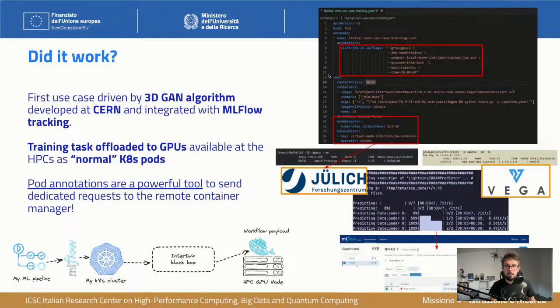So you maybe cannot see here, but you can see in the documentation of Interlink that to access a virtual node you have to specify node selector and toleration, just like you would in a normal Kubernetes node, and then you can have different pod annotations to specify what are the options for the Slurm submission. This pod annotation stuff is pretty powerful because you can pass information to the remote plugin and evaluate this information in a custom way.